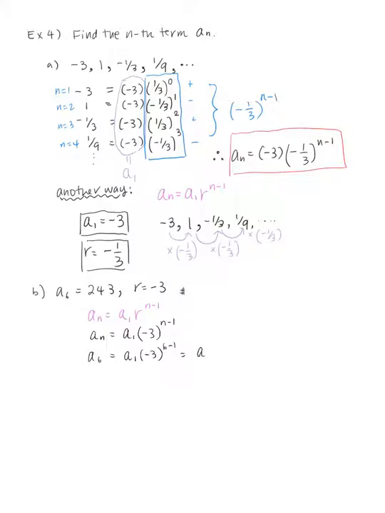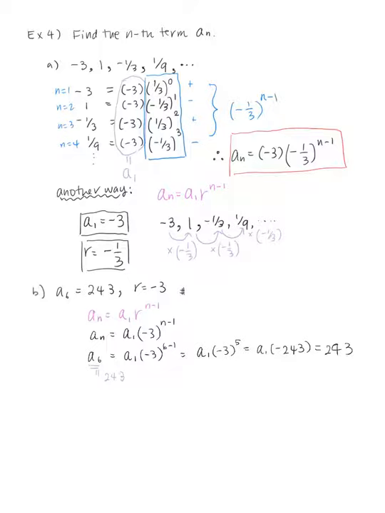So this is going to be a sub 1 times negative 3 to the 5th. What the heck is that? That's a sub 1 times negative 243. But we already know that a sub 6 is 243, so I'm going to set that equal to 243.